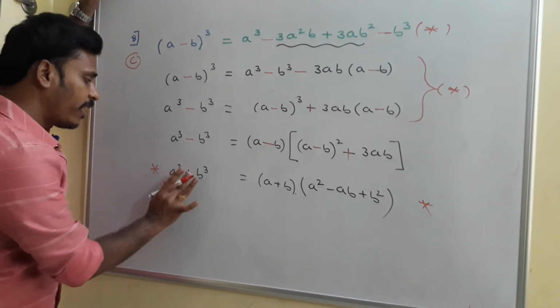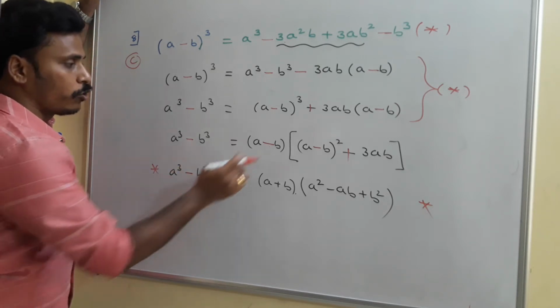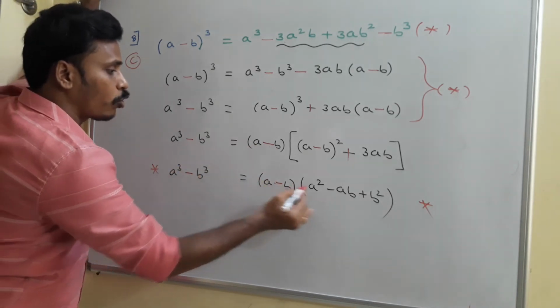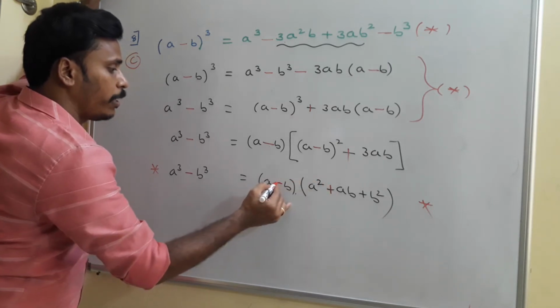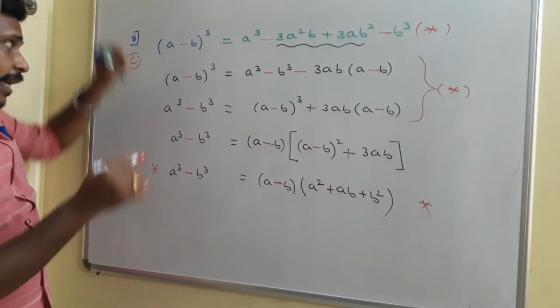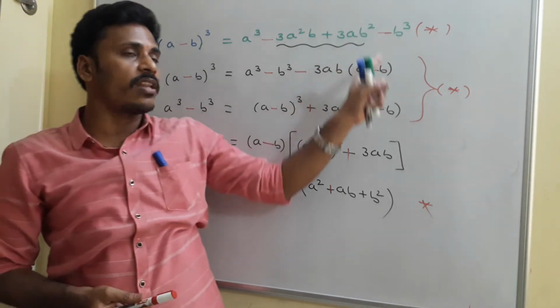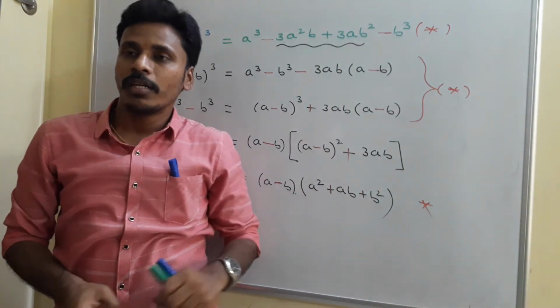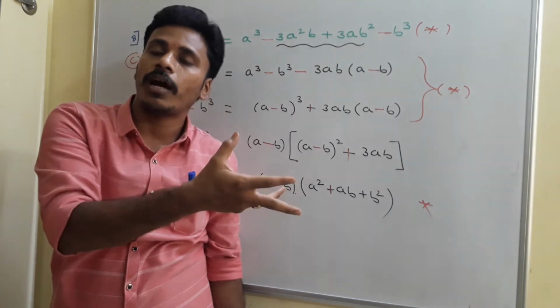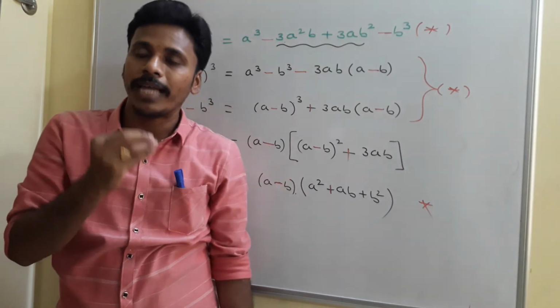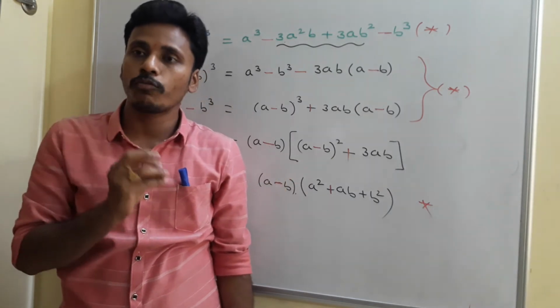And at the end, a cube minus b cube is equal to a minus b times of a square plus ab plus b square. Again for this a minus b whole cube also, we need to memorize these three results to solve the problems. Just a small change between a plus b whole cube and a minus b whole cube, that's a sign change, plus to minus.